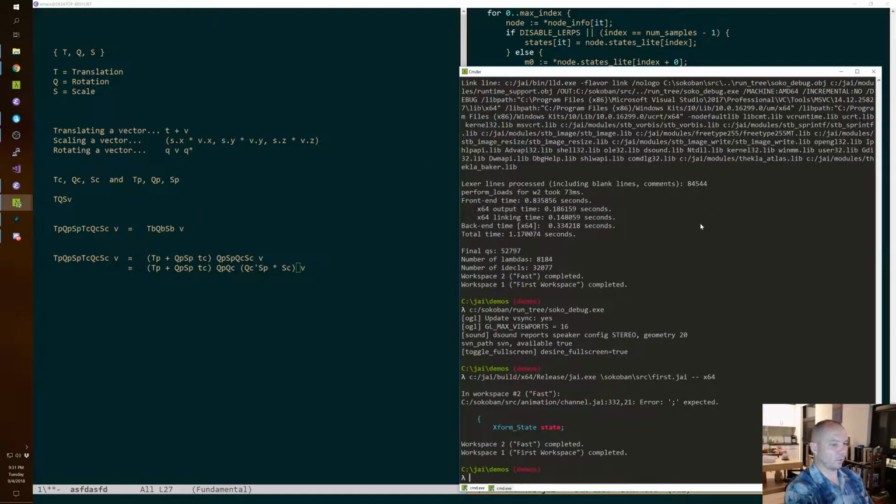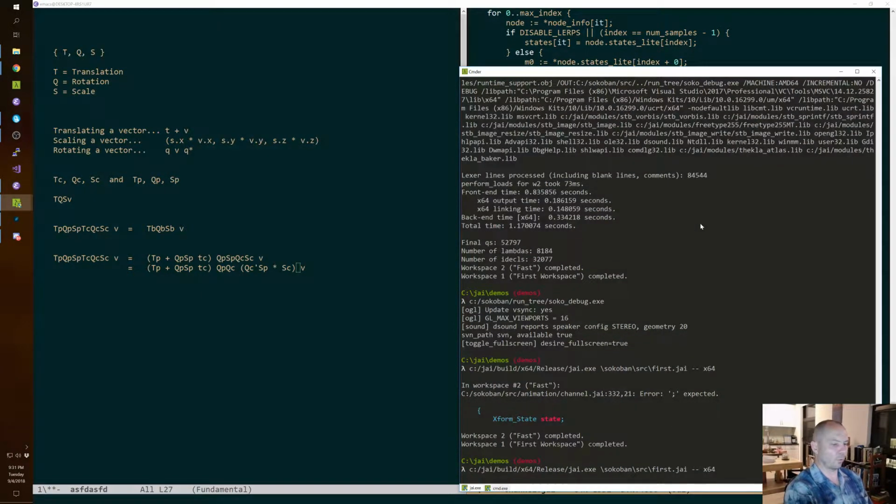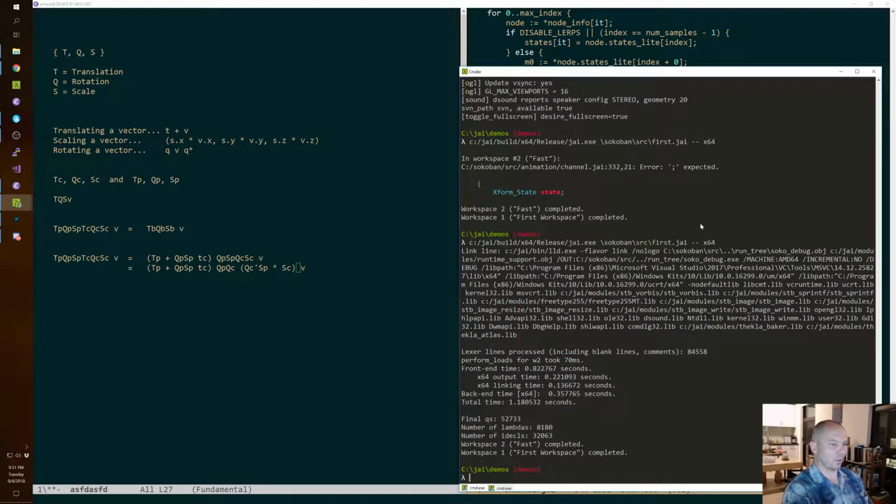So does that compile? Well, I'm not in C++, so there's that. So we make this X-form state. Okay.